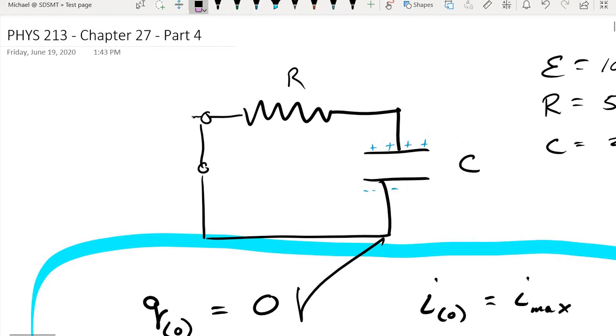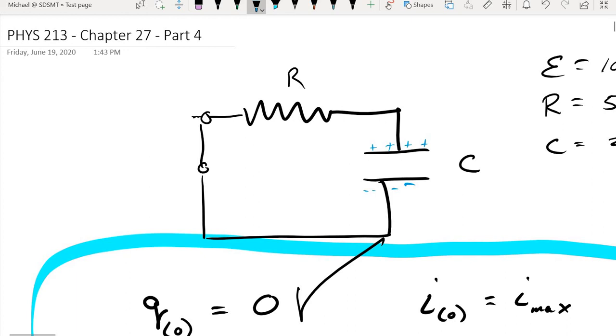Once we flip that switch, what's going to happen? Well, the charges on the capacitor plates can't get to each other across this chasm here.